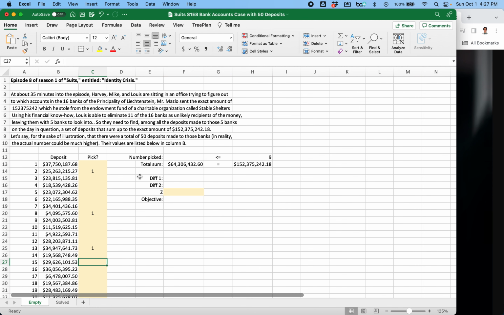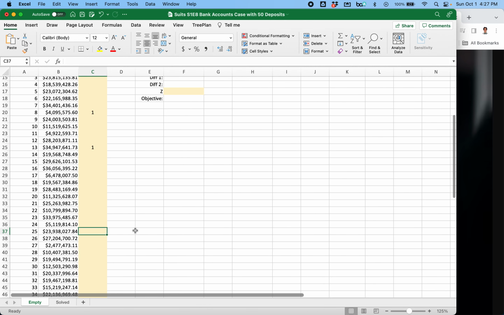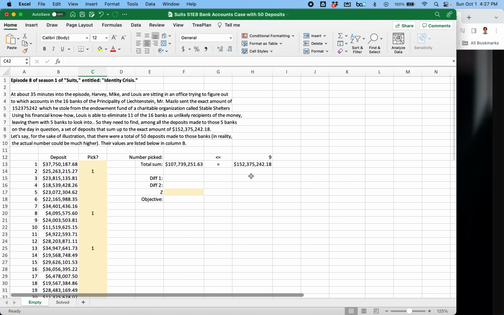And the exercise is, can you find places to put ones in here so that you match exactly this amount? Now, if you were to do this by hand, it would take a very long time, right? So the idea is I don't want to do this by hand. I want the solver to find it for me. But this is what's going to be happening. The solver will be picking places to put a 1 here for you.